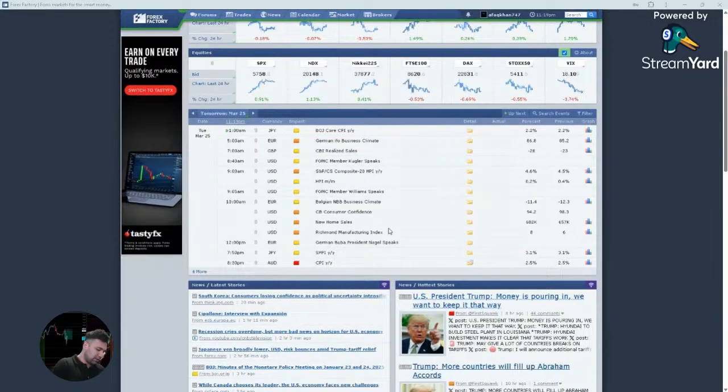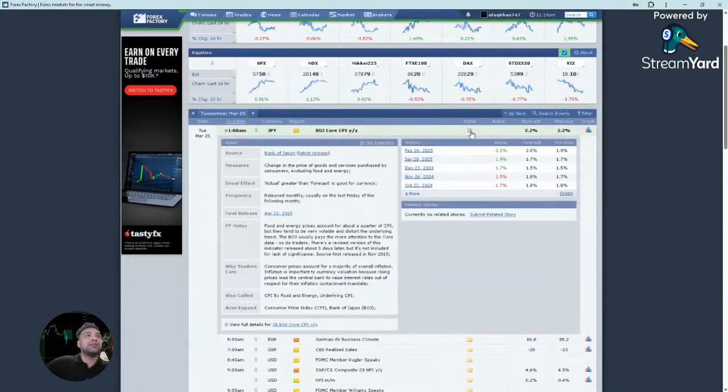Just give me a sec. Right here we can go into the details of each and every data that we have, like CPI. CPI is the change in the price of goods and services purchased by the consumers.